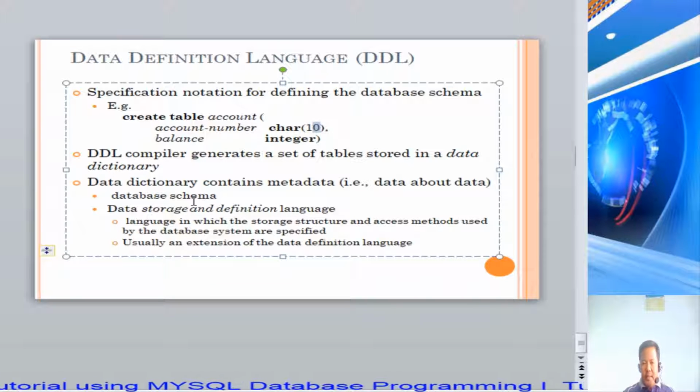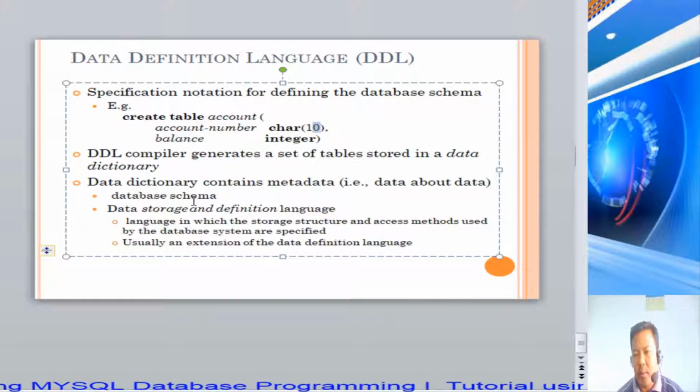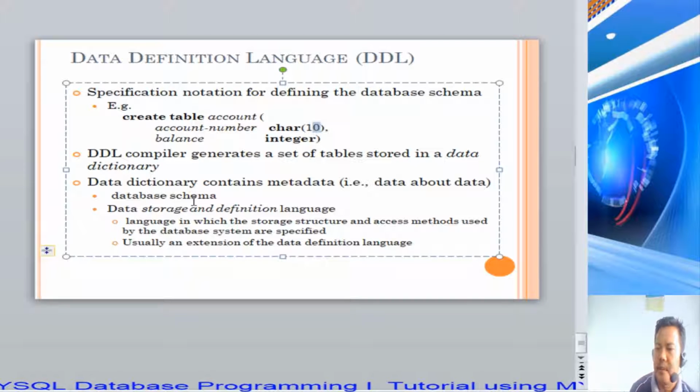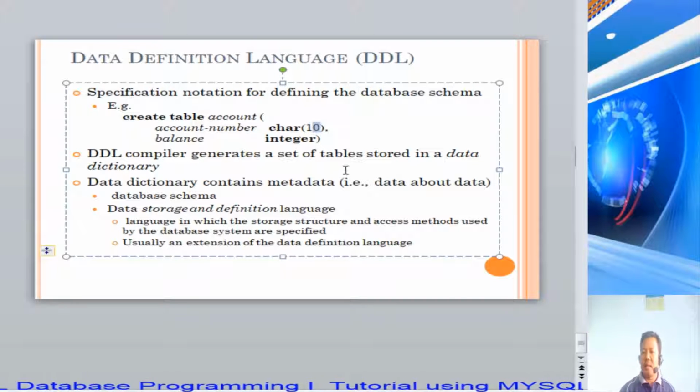Then the database or the SQL will generate the table for you. So the DDL compiler generates a set of tables stored in the data dictionary. The compiler will compile your statement, turning the definition language into an actual table.